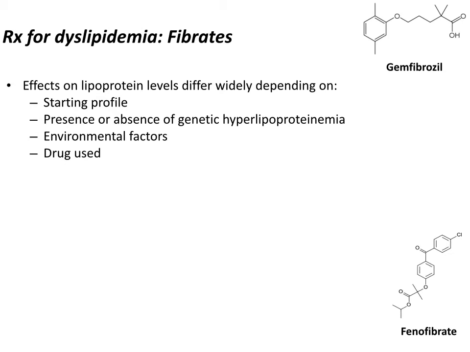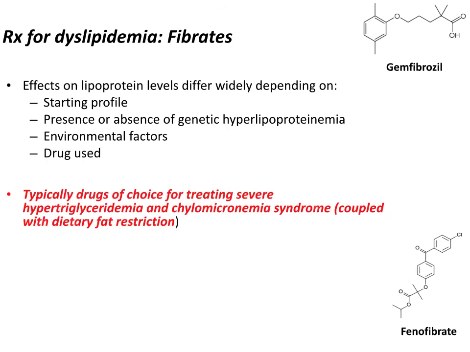The mechanism of action of these drugs is a bit complex, so it's not always easy to predict efficacy. Having said that, they are typically the drug of choice for treating severe hypertriglyceridemia, so elevated triglycerides, and chylomicronemia syndrome coupled with dietary fat restriction. Okay? So, triglycerides and chylomicrons.